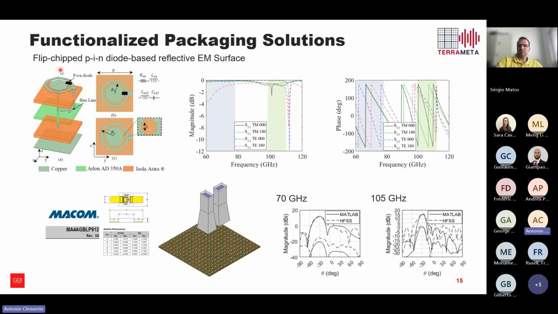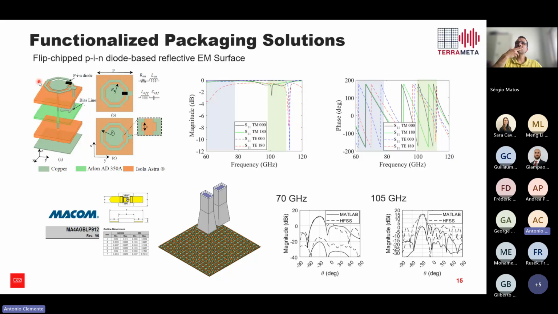Because in the case of reflective RIS, we need only one PIN diode to control 1 bit of phase resolution. As I presented before, in the case of transmissive RIS, we need 2 PIN diodes, which is the minimum number to achieve 1 bit of phase control. In the case of reflective RIS, you need only 1.